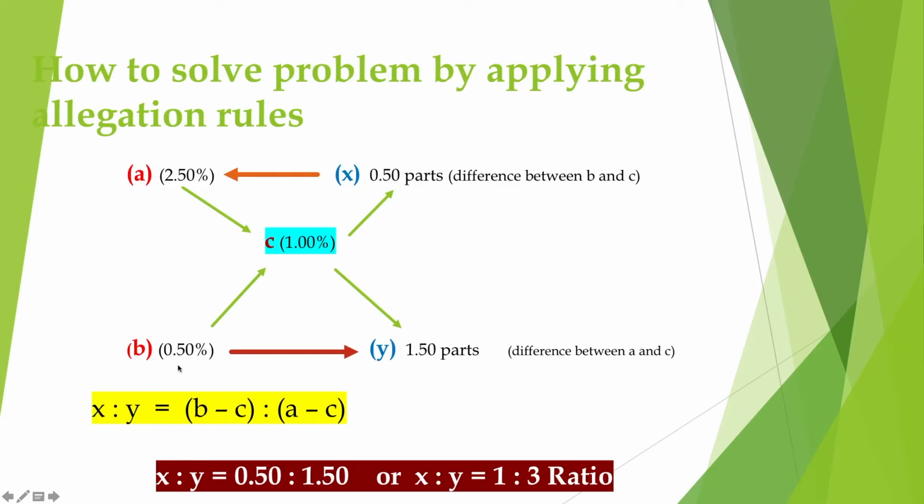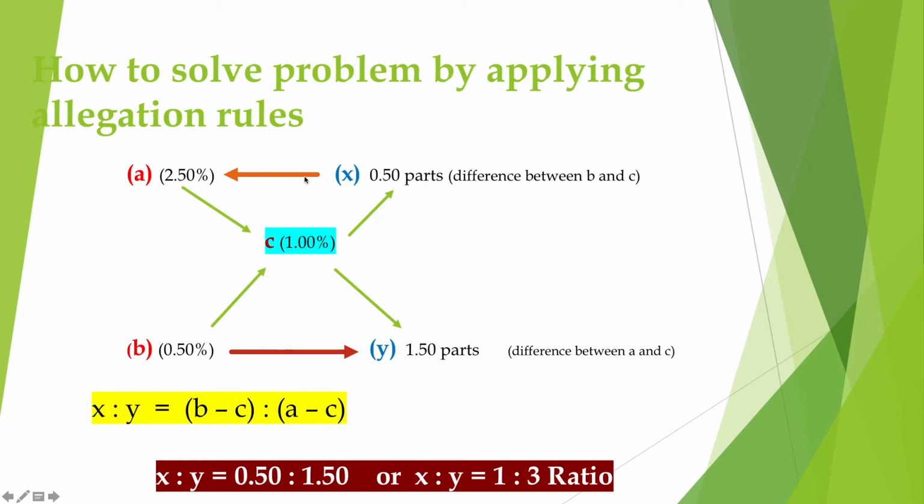Now let's draw an arrow from B to C and find the difference between B and C. The difference between B and C is 0.5, and the same is the case here. The difference between A and C is 1.5. Now we have to see how many parts of 2.5% ointment are required to produce the desired strength.